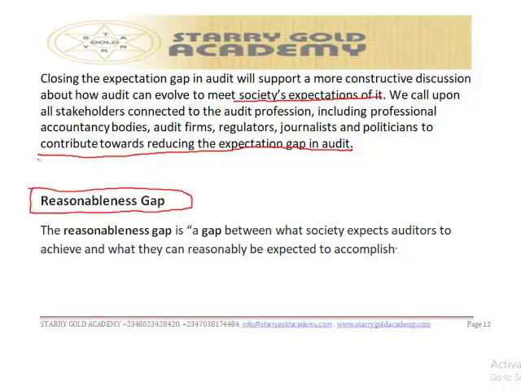Can you see that the word here is different? Like, reasonably, what can they actually expect? More like society is mounting so much pressure on the auditor. So if they want to fulfill society's expectation, what can they reasonably accomplish, or what are they reasonably expected to accomplish that they don't even accomplish? This is what they should be able to accomplish.